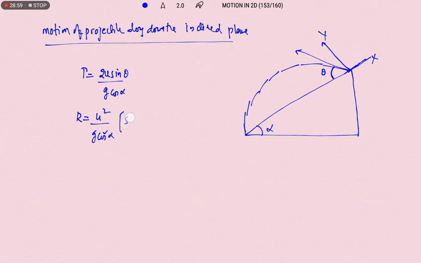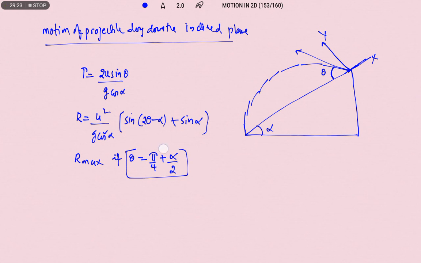We have written sin of (2 theta plus alpha) there; here it is sin of (2 theta minus alpha) plus sin alpha. And the range is maximum if theta equals pi by 4 plus alpha by 2; this is the condition if theta satisfies this rule.